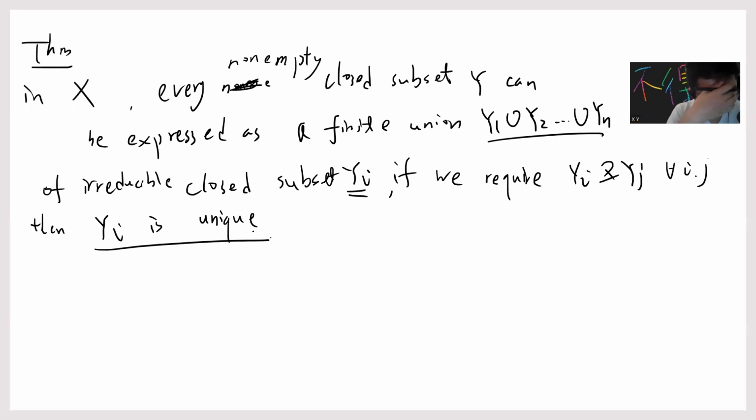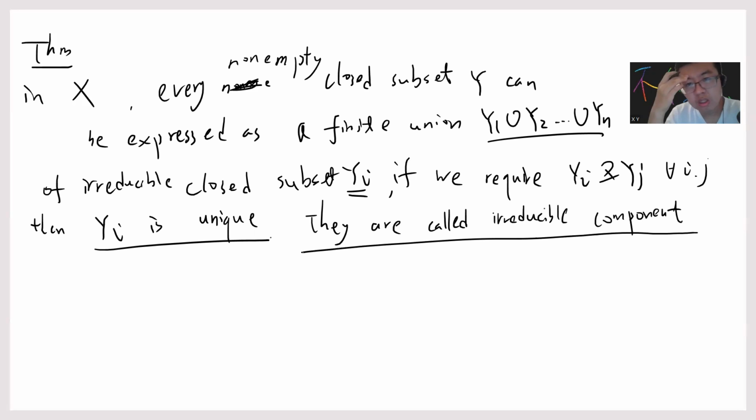Then they are called irreducible components. This just tells you that in any noetherian topological space, every closed set can be decomposed into a finite union, where each Yi can be chosen to be an irreducible subset.